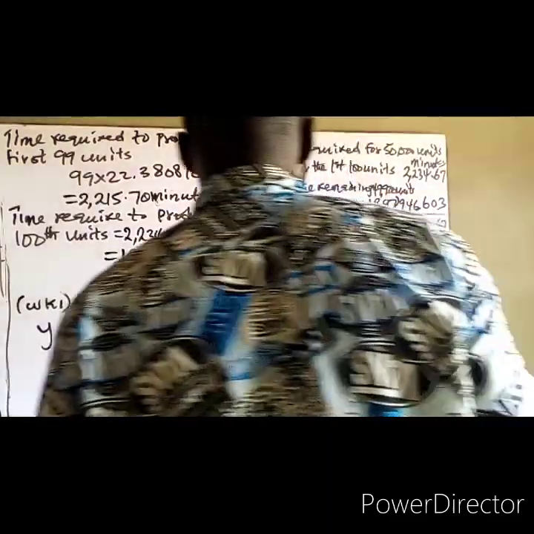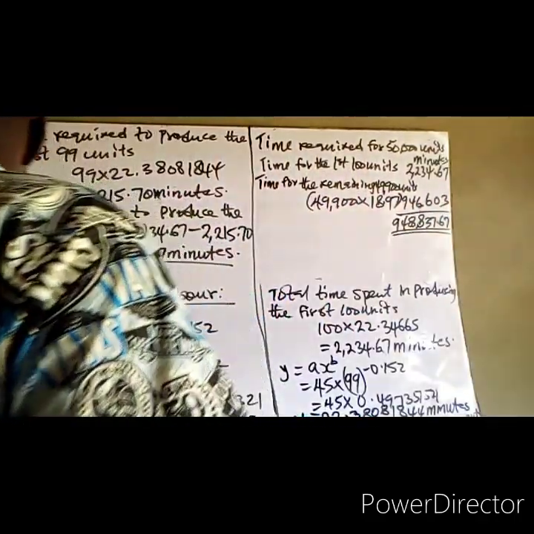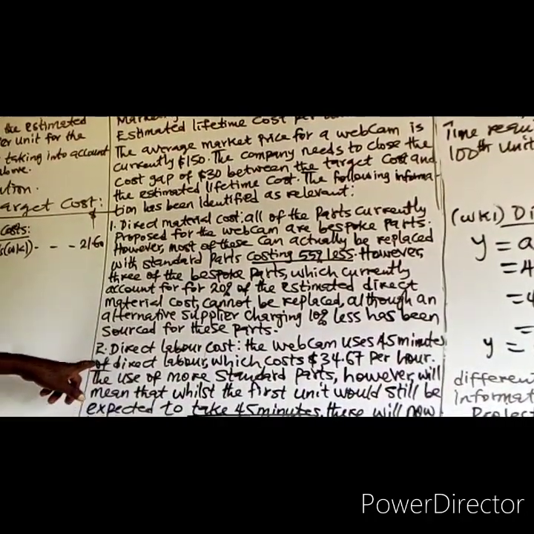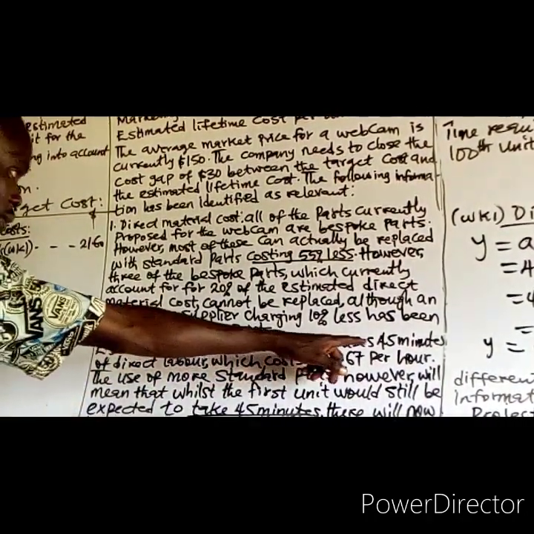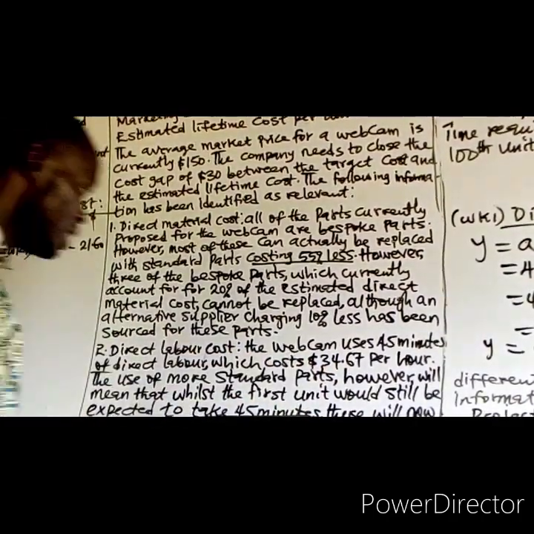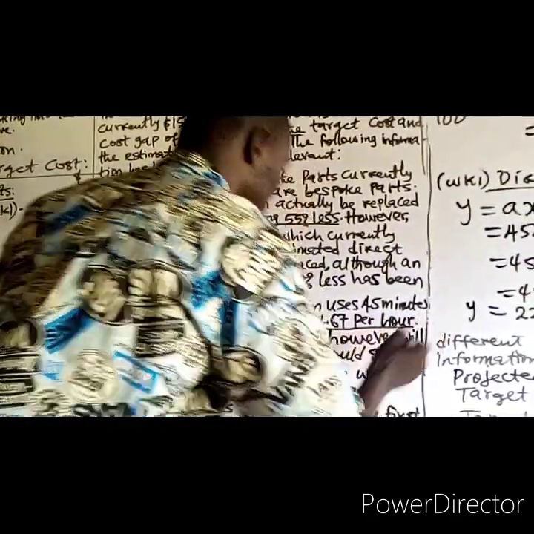Now, if you want to take it to hours, you divide it by 60. 60 minutes make 1 hour. Now, let's go back to the question. The webcam uses 45 minutes of direct labor, which costs 34.67 per hour.